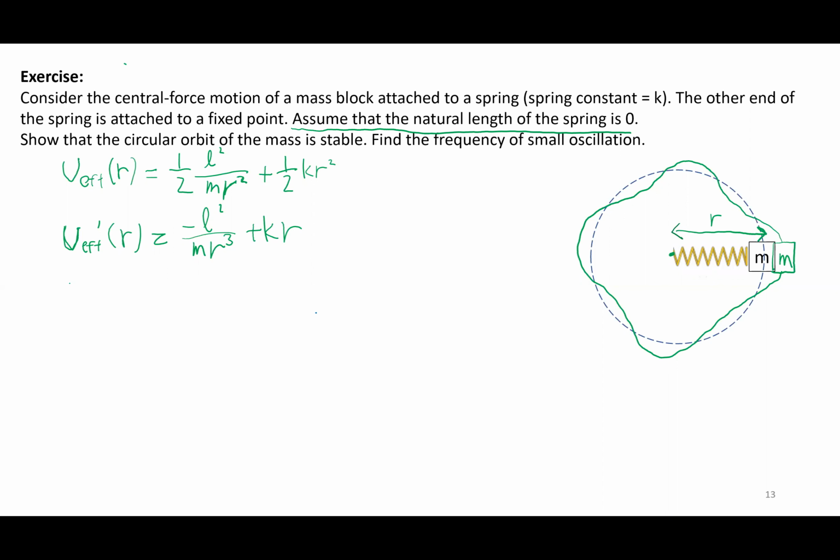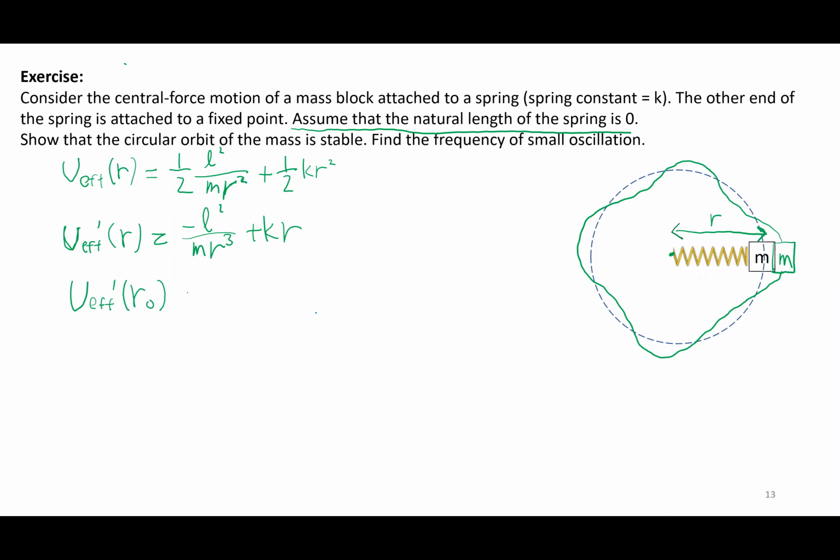I assume that the radius of the circular orbit is r0, so that U prime at r0 is equal to 0.